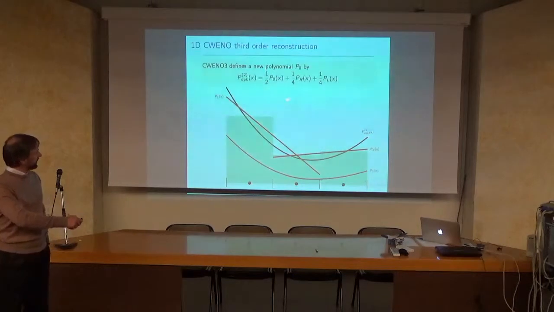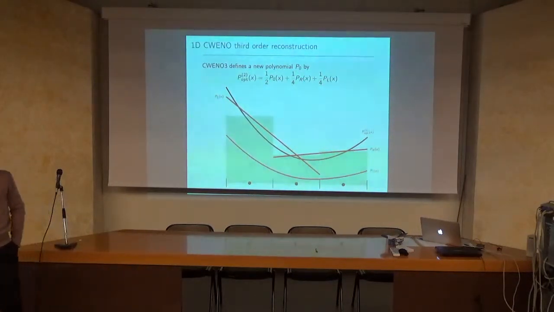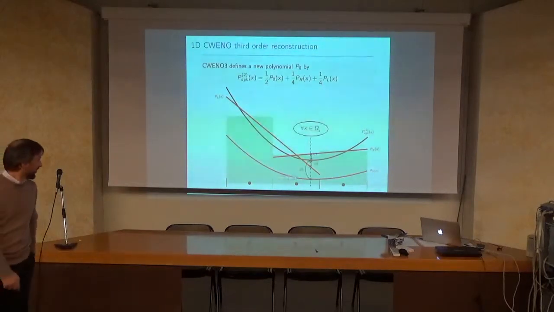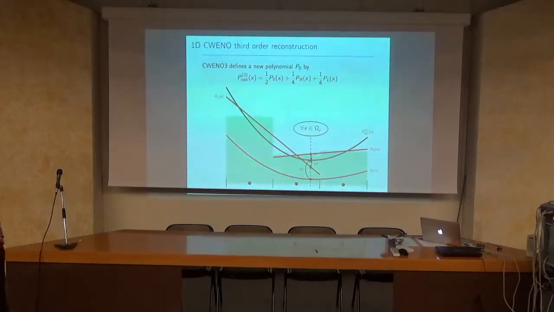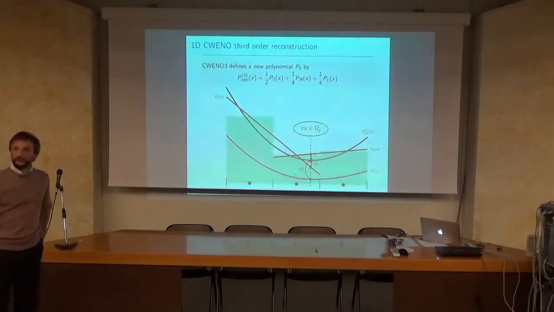The coefficients that I chose here should add up to 1, but there's nothing magic about them. You can change them if you like. The point is that once you make this choice, which is arbitrary, then at any point inside the cell, it's always possible to recover this black value by combining the two red and the magenta one with the same coefficients.